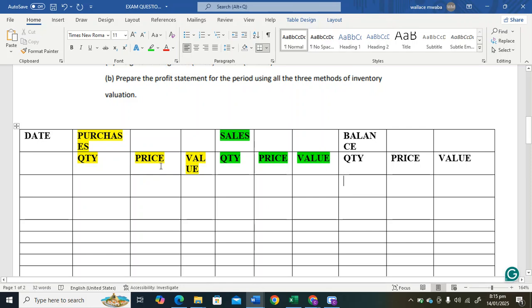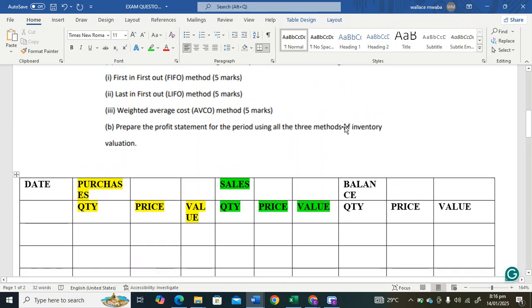Each column has got quantity, price, and value. So it's not a complicated table to make. Just remember, you're dealing with purchases, sales, and the balance. Then in each column, there's the quantity, the price, and the value.